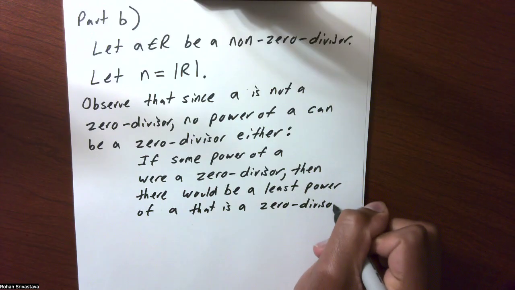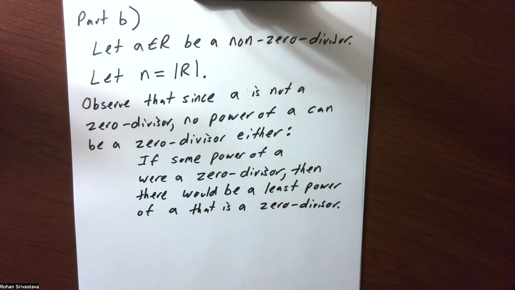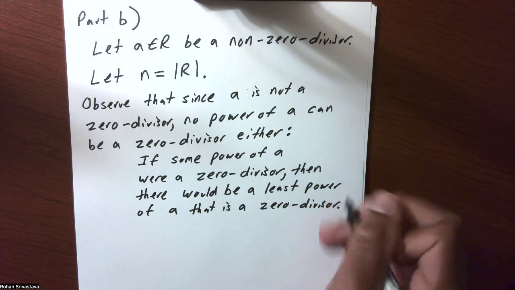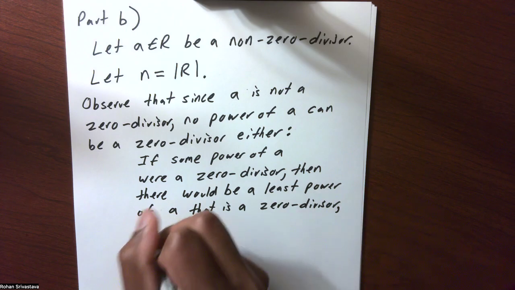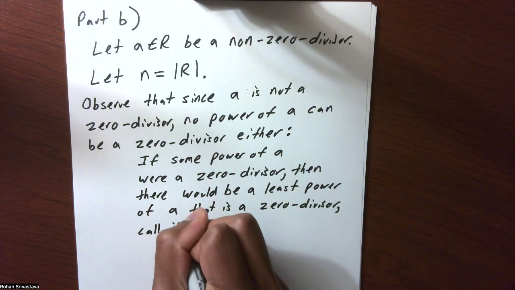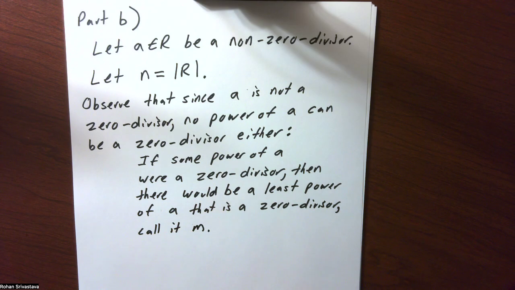So we're proving this subclaim by contradiction. Supposing that some power of A is a zero divisor, well then by the least number principle, which is equivalent to the principle of mathematical induction, there would have to be some least power of A that is a zero divisor. And let's call it M.